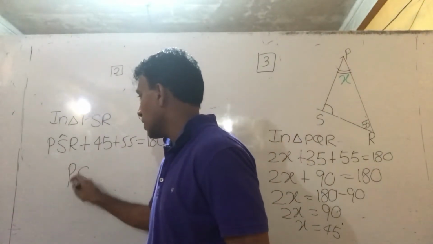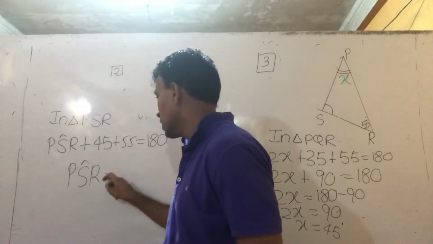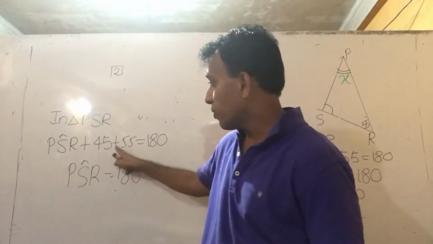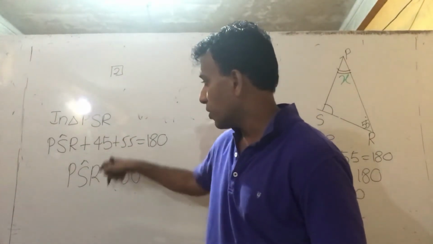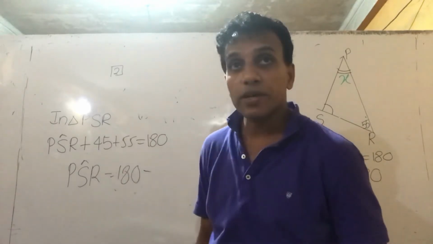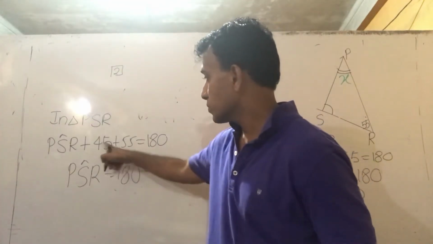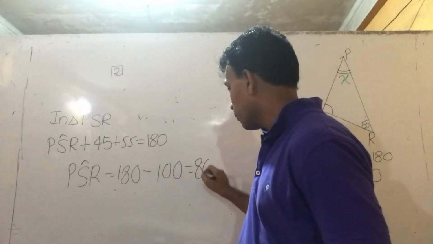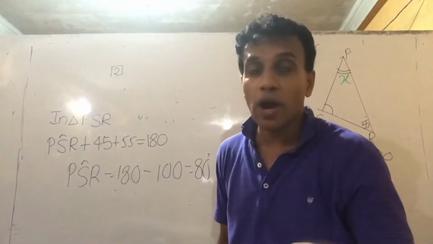Therefore, PSR angle equal to what? 180. Subtract what? 45, 55, 100. Okay, 80. So no doubt if you worked earlier, check your answer.